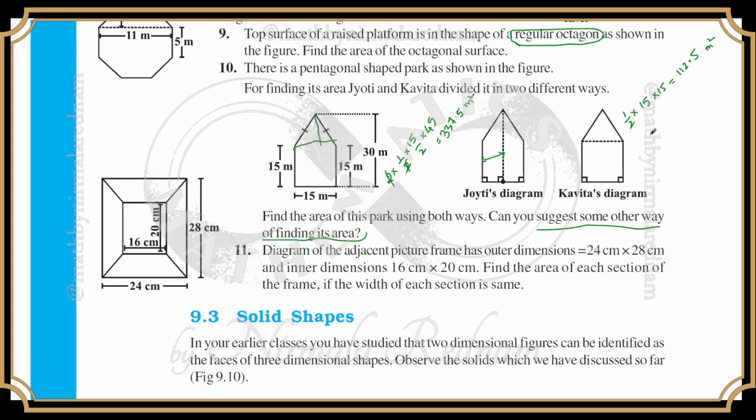And then I have a square of side length 15, so 225 meters square. That is my square area. So the total area is going to be 337.5. So you get the same answer using two different methods. And in both the methods, you have used different formulae. In the first, you used area for trapezium. In the second, you used triangle and square. Okay. So try to come up with other ways of solving this particular sum.